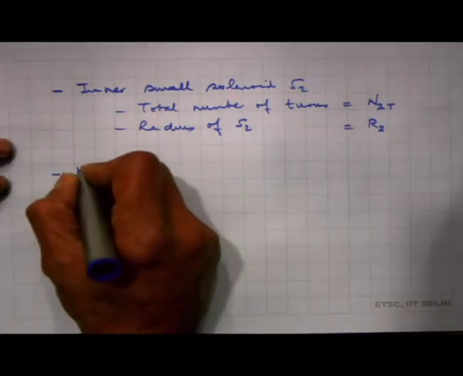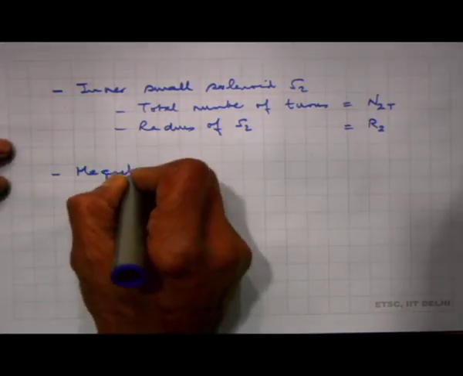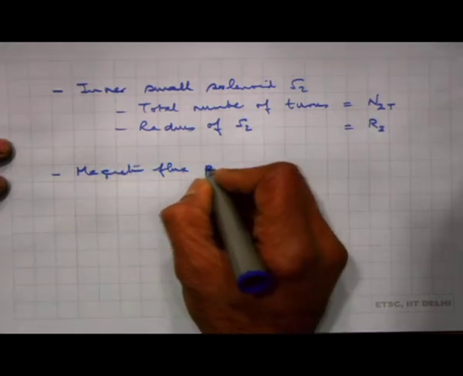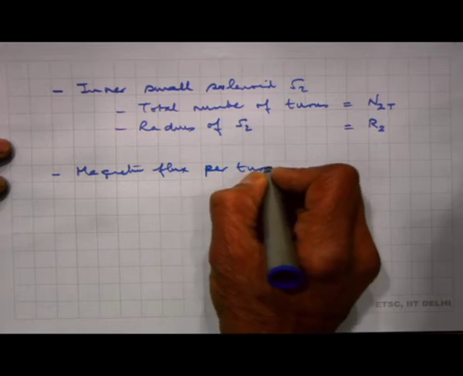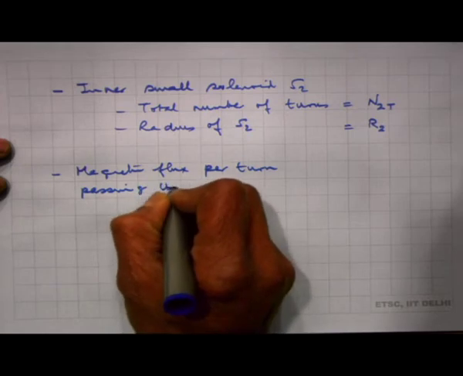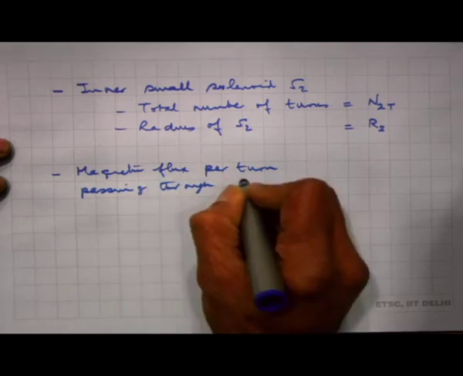So, what is the magnetic flux per turn passing through S2?